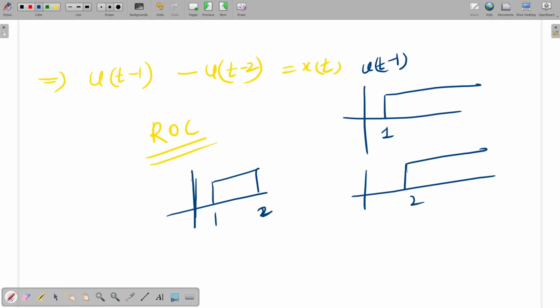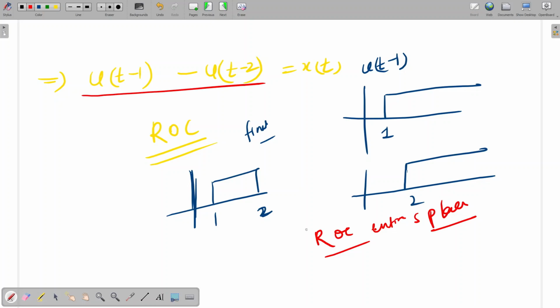So since this is a finite duration signal, what will be the ROC? ROC will be the entire S-plane. Is it clear to all? So if this kind of question comes with options, the ROC will be the entire S-plane.